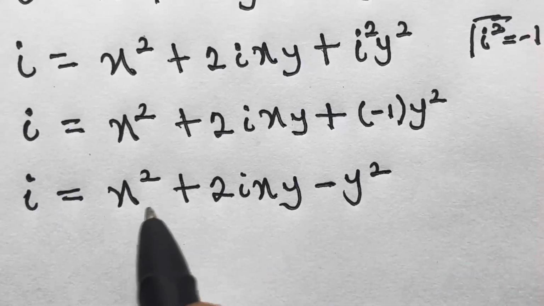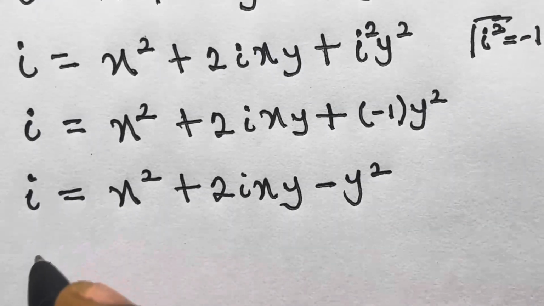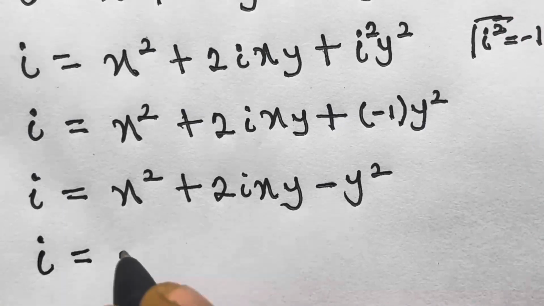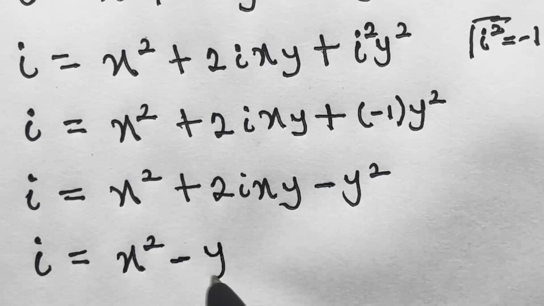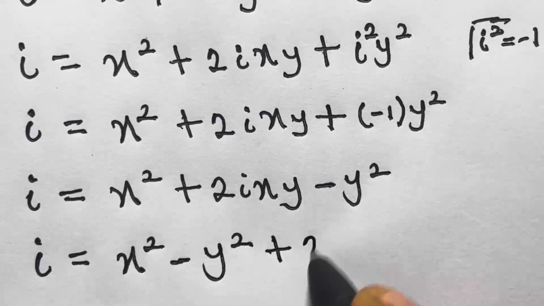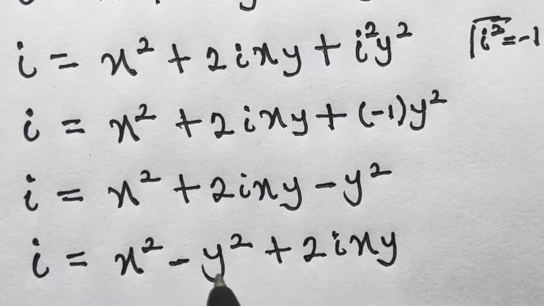So here we can arrange. The ones that have squares, let's put them together. We have i equals x squared minus y squared plus 2ixy. So we have this expression.